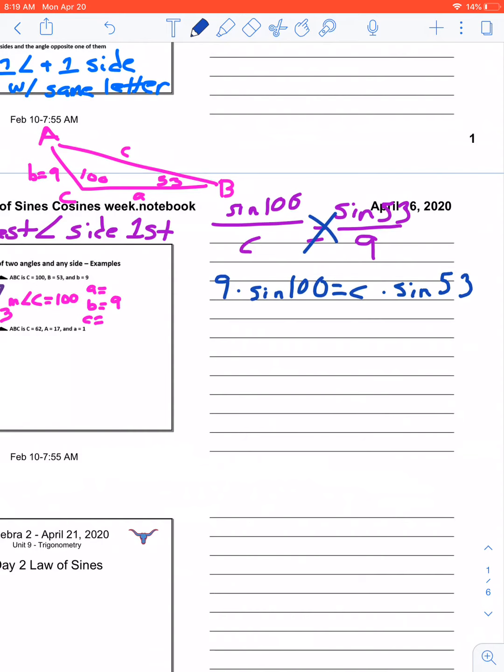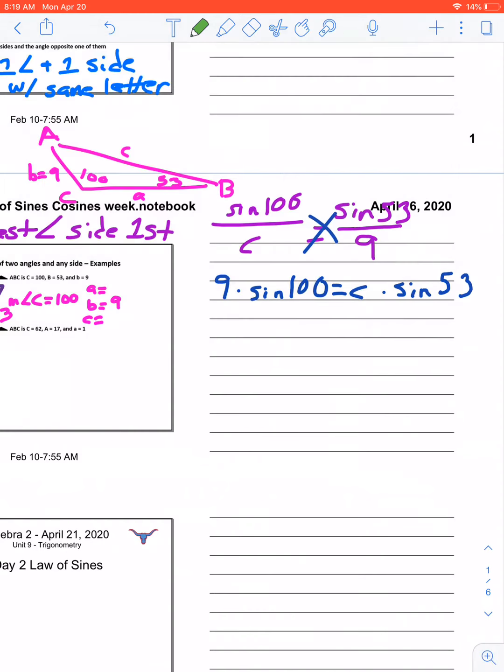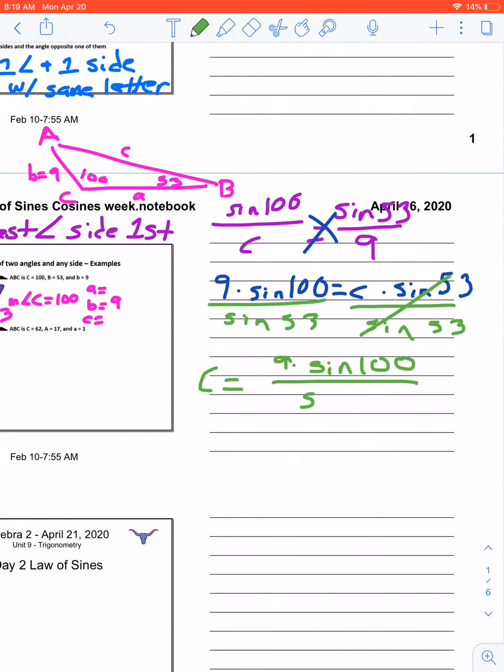I'm trying to get C by itself, so I'm going to divide by sine 53. I really think one of the hardest things in doing this is that people type it in their calculator wrong. So just make sure you type in your calculator right. So I get C equals 9 times sine of 100 over sine of 53.